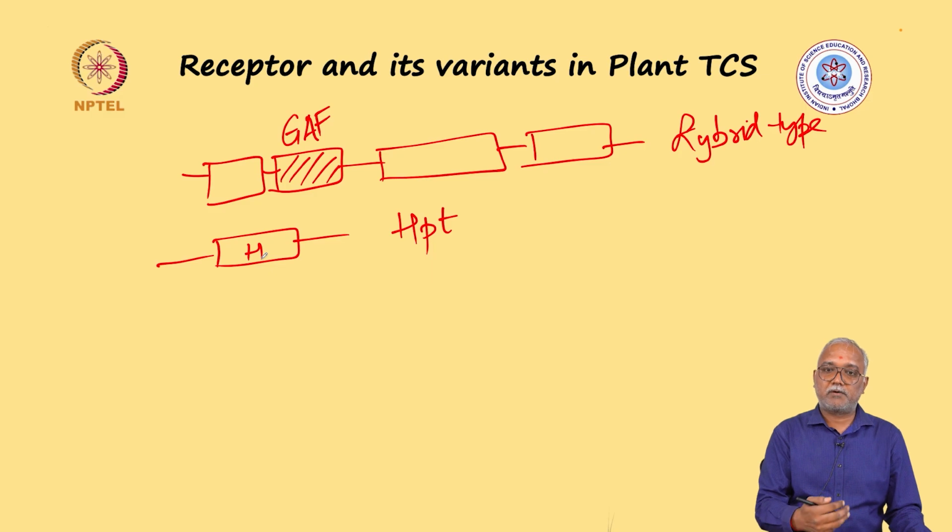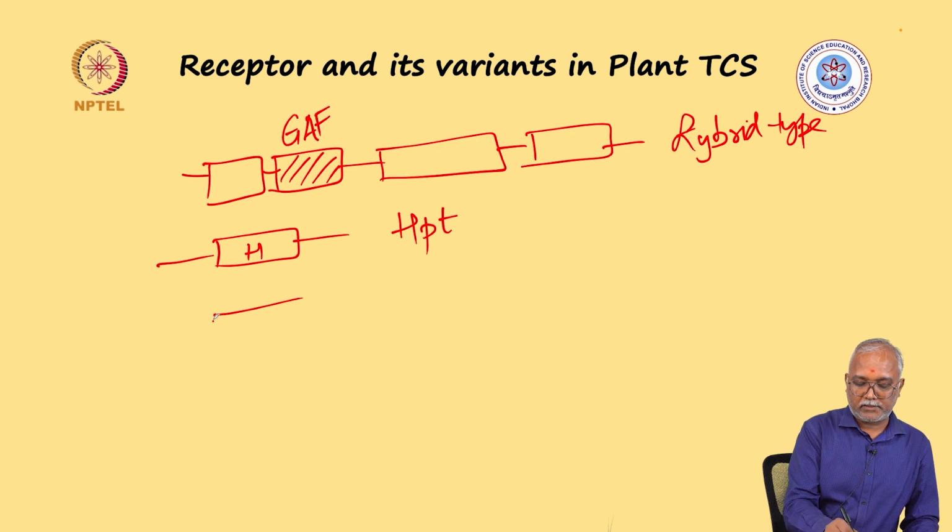Remember that variant is because it may lack the histidine residue. Similarly, for HPT or histidine phosphotransferase, you may have a variant where histidine is not present. So this variation is coming to regulate and give another dimension to the signaling which was started at the cell surface.